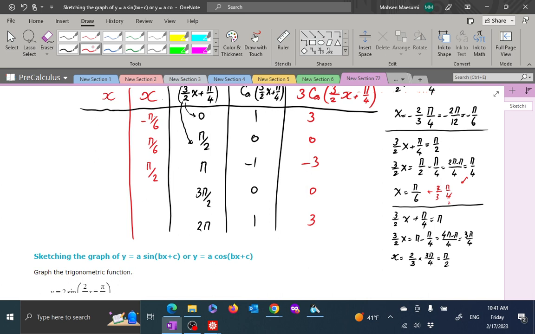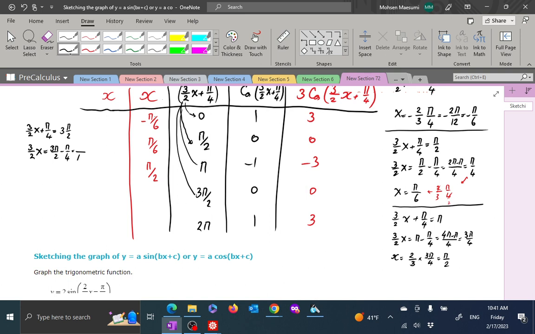Then perhaps I come here, and then 3/2 of x. See, is it readable? 3/2 x plus pi over 4. That is now, well, I did pi, now I do 3 pi over 2. So 3/2 x is 3 pi over 2 minus pi over 4.